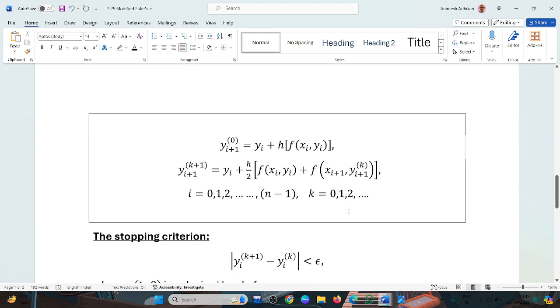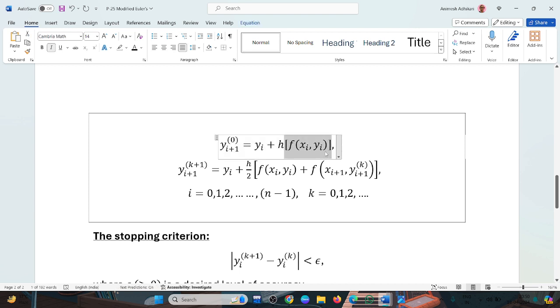In general, y at the point i+1, initial approximation 0, equals yi plus h into f(xi,yi), and y(i+1) for the iteration k+1 equals yi plus h by 2 times f(xi,yi) plus f(x(i+1), y(i+1)^(k)), from the previous iteration k. This is the predictor formula, and this is the corrector formula. i runs from 0, 1 to n minus 1 and k runs from 0, 1 and so on.